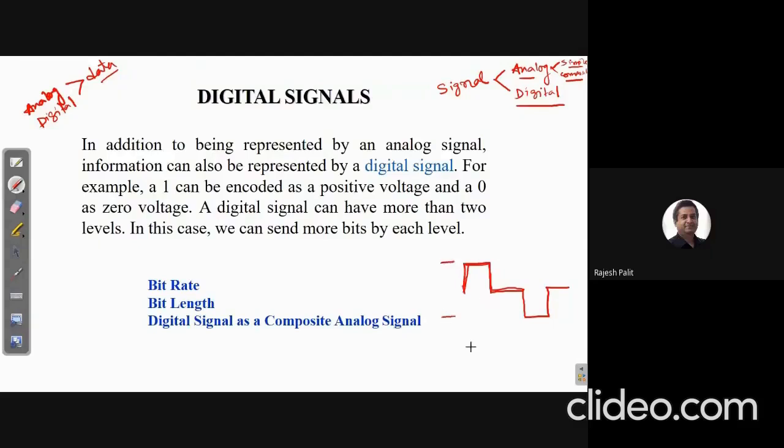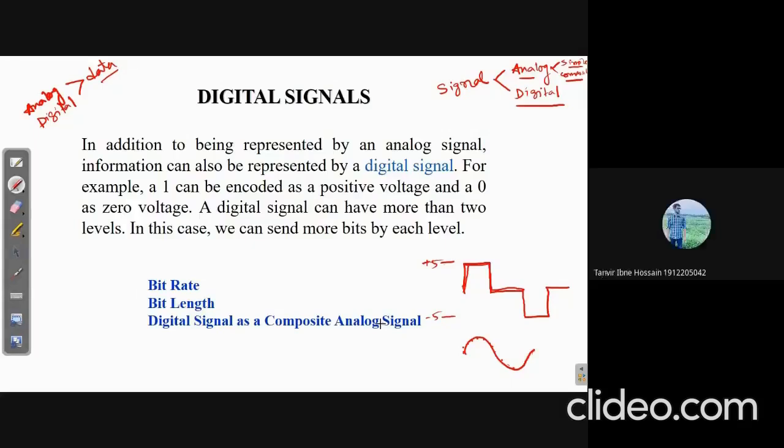Not like a continuous or analog signal, where there are millions or an infinite number of amplitude levels. For a digital signal, there are a couple of levels, for example plus 5 volt, minus 5 volt, or a number of other levels. It is discrete with a fewer number of levels.